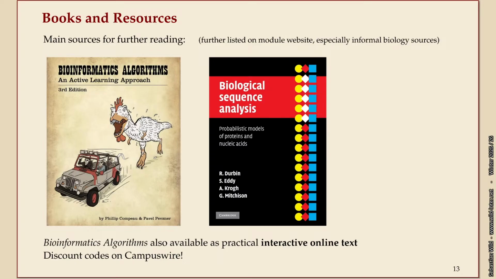We don't cover nearly all of what they do, and there might be some bits that neither of them really cover in that way. There are some other sources that I'll point out. On the module website, you'll find a subpage for each unit with some other links. But these are the main two things that cover most of the material in, as I said, a slightly different way.